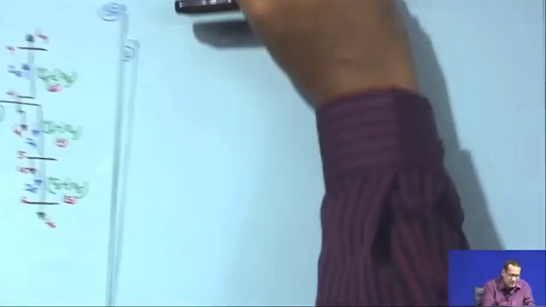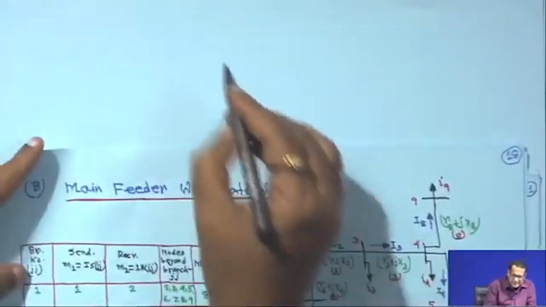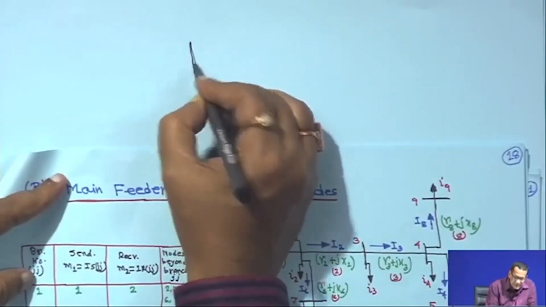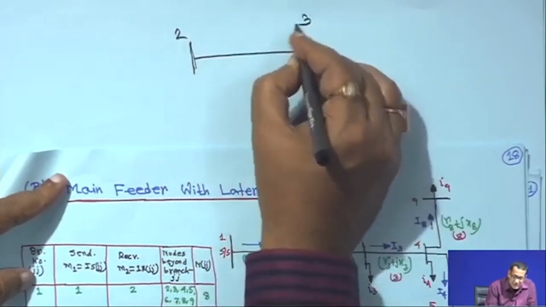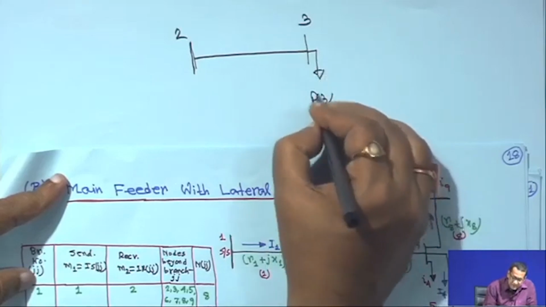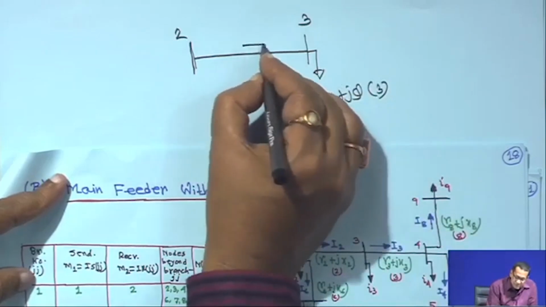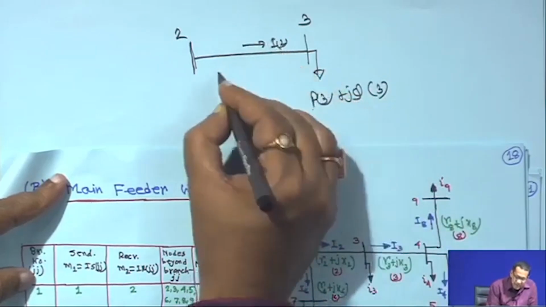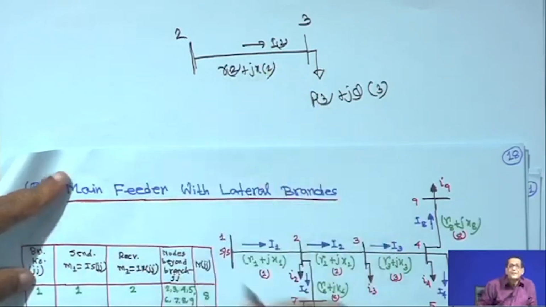Suppose I want the electrical equivalent of branch 2. My sending end node is node 2 and the receiving end node is node 3, and the total load fed through this node is P3 plus JQ3. The current flowing through this branch is I2 and the impedance of this branch is R2 plus jX2.